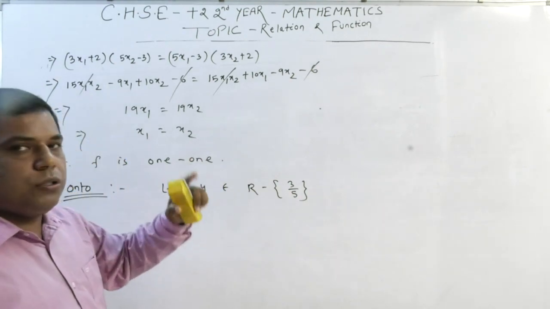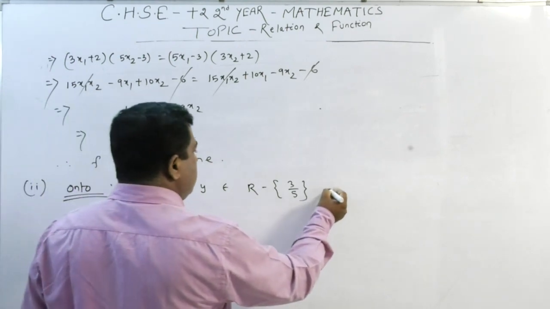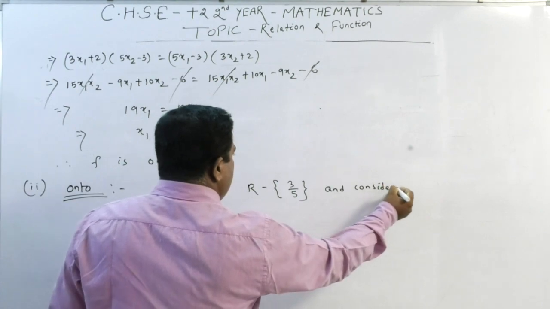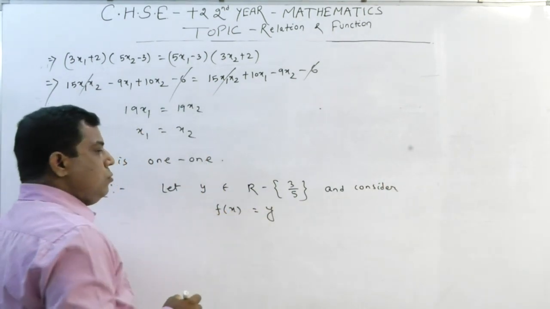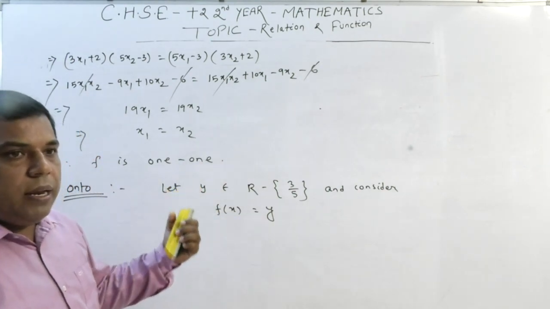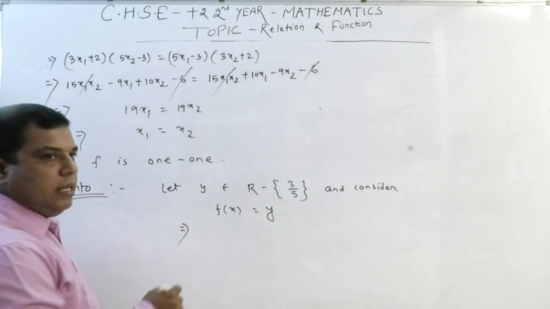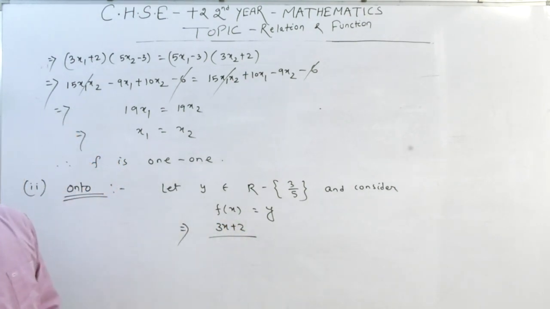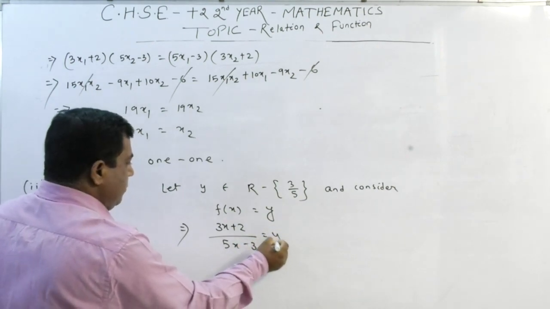So let y belong to R minus 3 by 5, and consider f of x equal to y. So what is our f of x? It is defined as (3x + 2) divided by (5x - 3). That is considered as y.